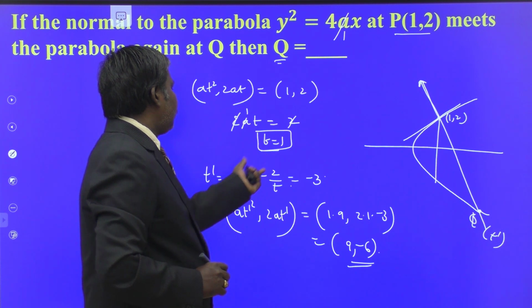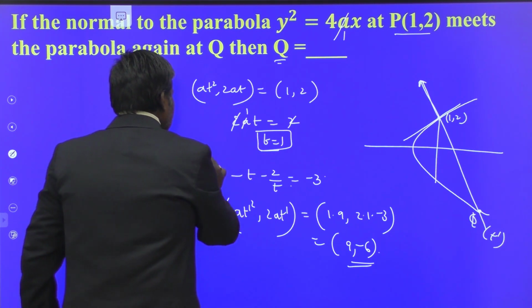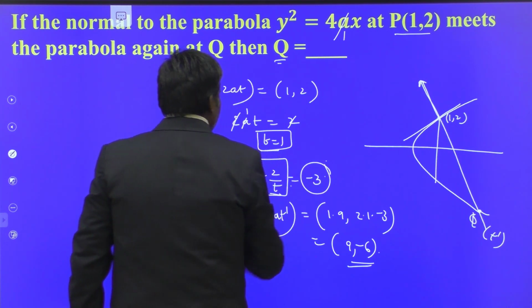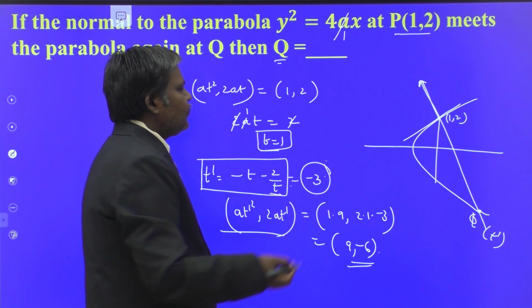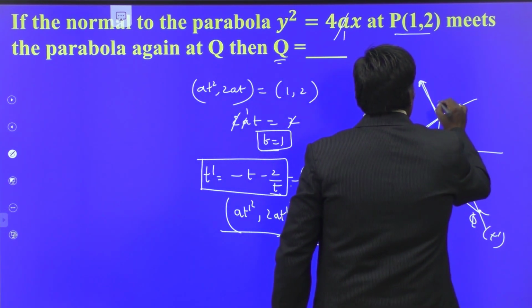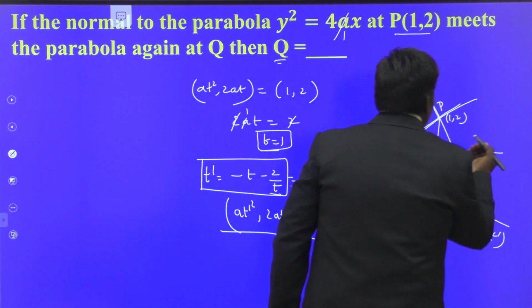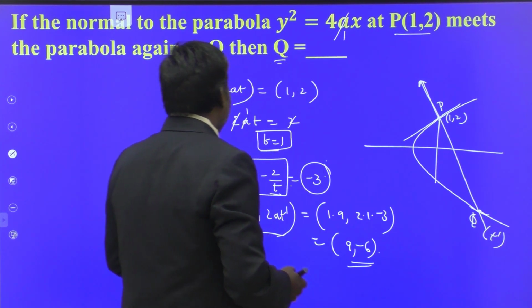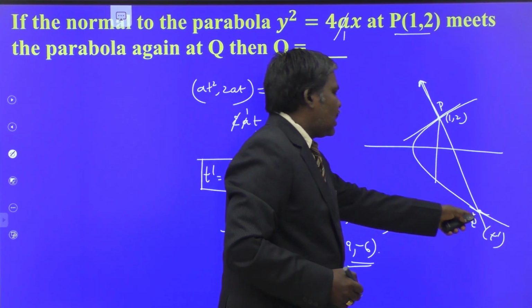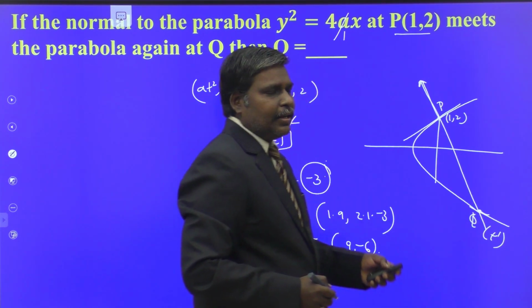After getting the value of t, write the relation t' = -t - 2/t. From that you calculate the value of t' and substitute here itself. We obtain the point of intersection of the normal drawn at P with the parabola. Okay. (9, -6) is the extremity of the normal where it meets the parabola again.